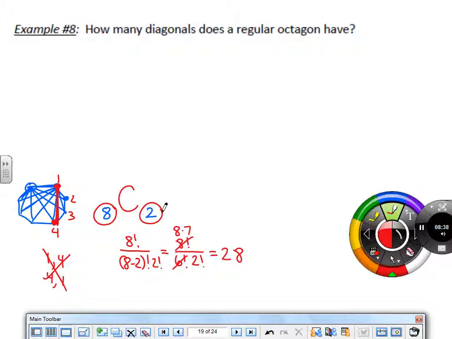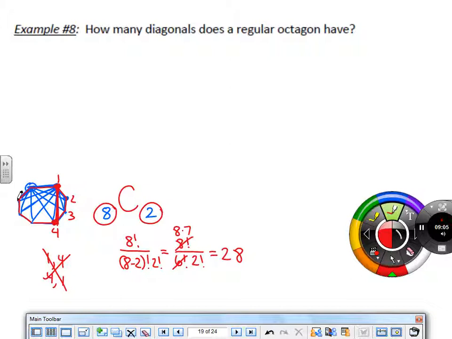Yeah, it also counted all of this. So what this means is 28 represents, if I connect all the diagonals and count them all as I go without overlapping them, plus the sides of the polygon, that's a total of 28.